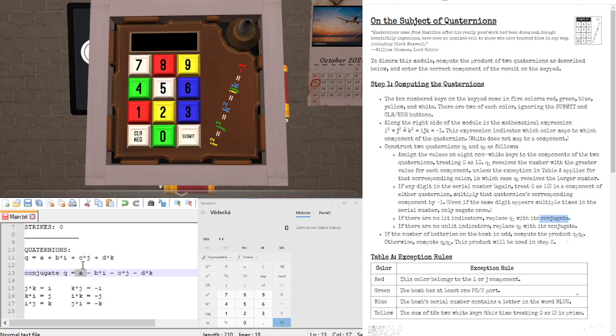You don't change the real part when you do the conjugate. However, you change all the signs before every imaginary unit, ijk, in whatever order. This order is just convention. So this is important to know.